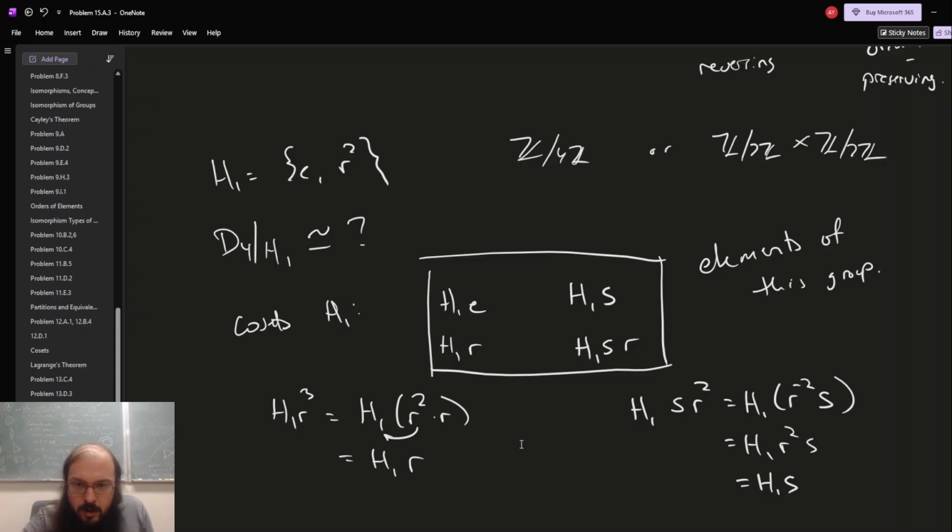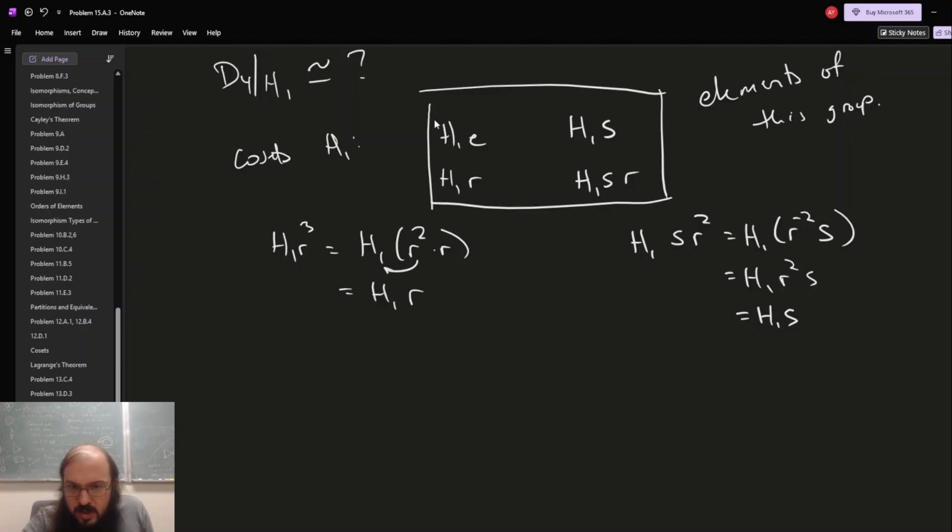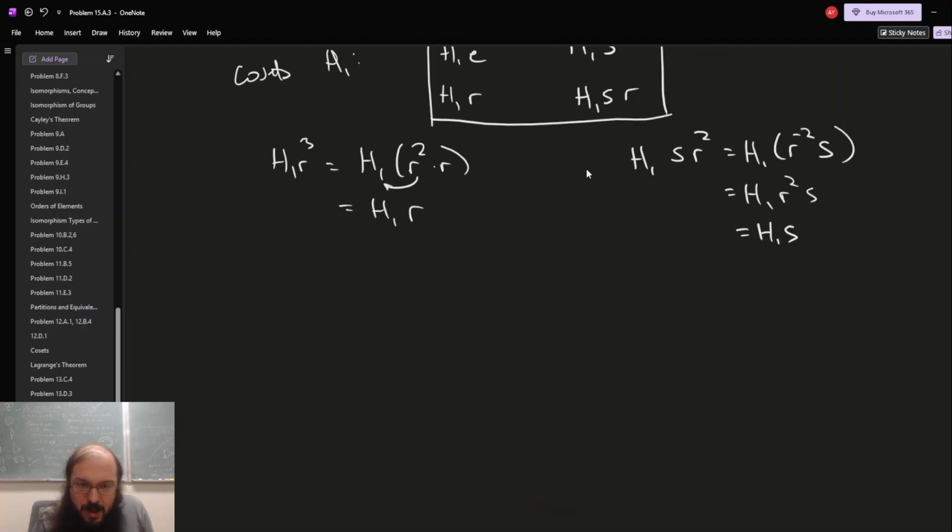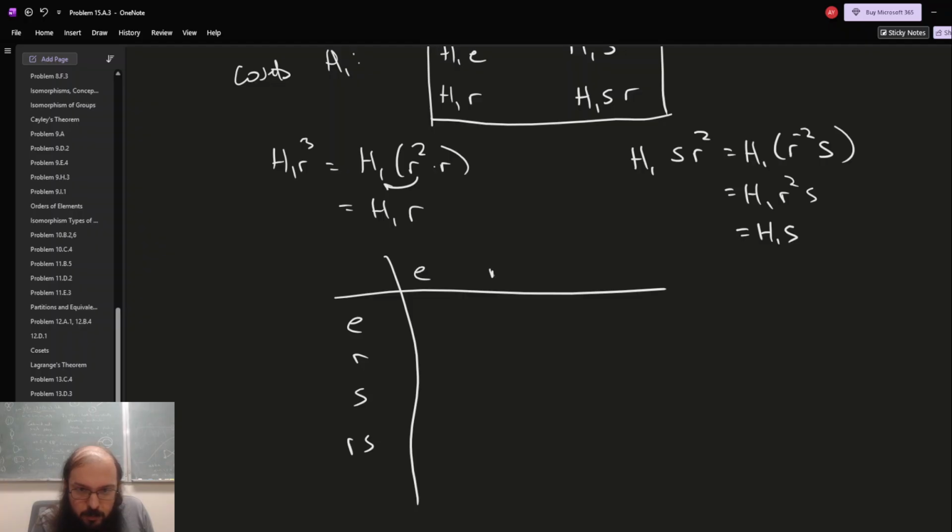And now we want to work out the multiplication table. So I'm going to stop writing the H1s for the purpose of making the table. We're still going to need them when we do the actual calculations, but we have E, R, S, and RS. We know how to do this now, right?